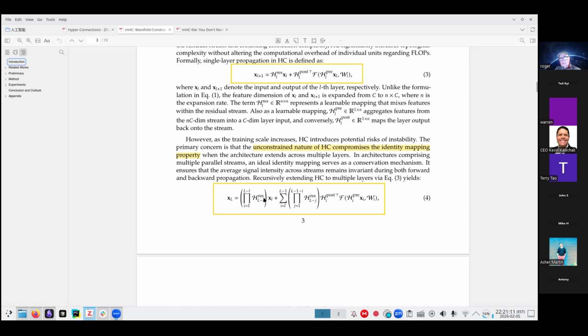So the intuition is that this H res matrix can be not that good, so that when you multiply them together, the value can be large or small.